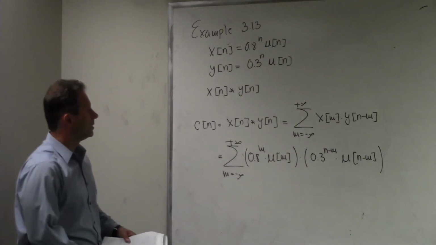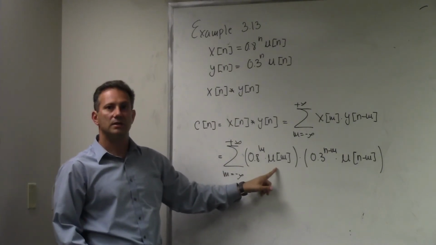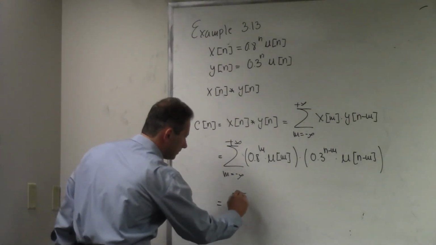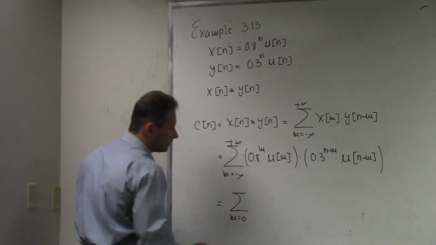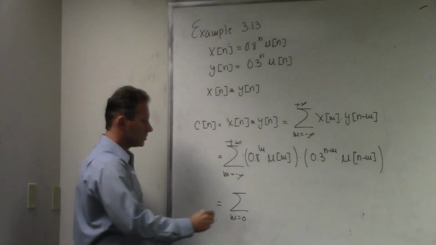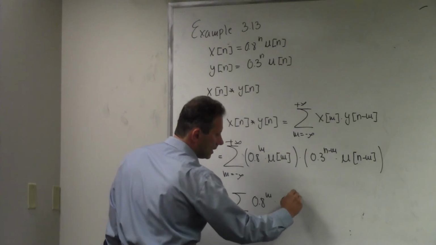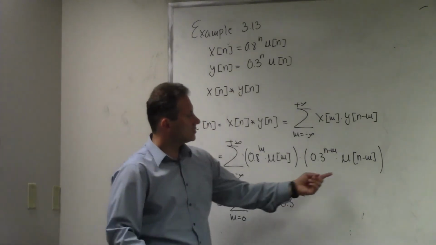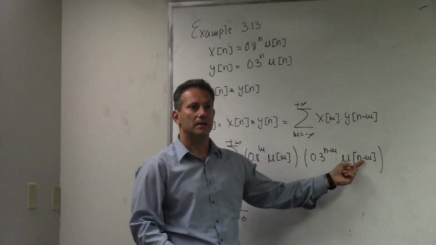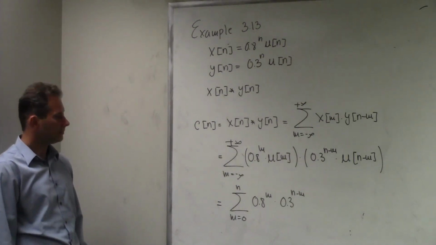And now I use the fact that both of these are causal. So I look at this u of m and realize that it kills pretty much everything for m negative. So I can say that this is the sum when m goes from 0, and then this one becomes 1 for all other m's. So I have 0.8 to the power of m, 0.3 to the n minus m. And I realize that this one here becomes equal to 0 whenever m is exceeding n. So all I need to do is sum this up to n.